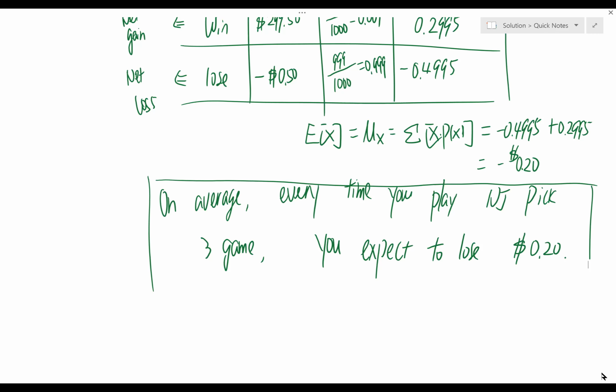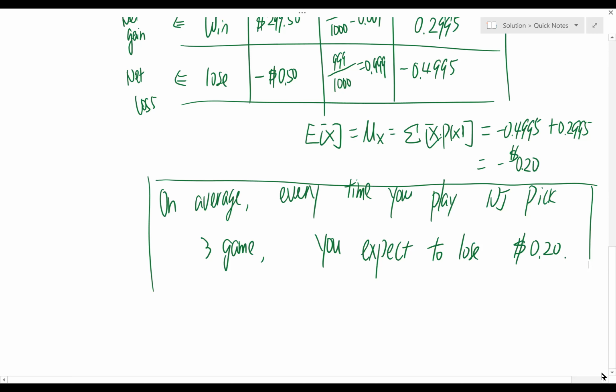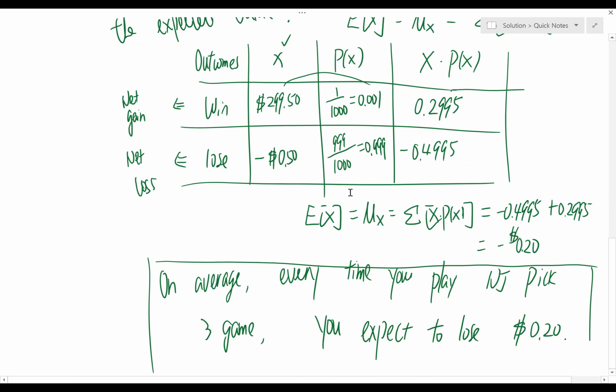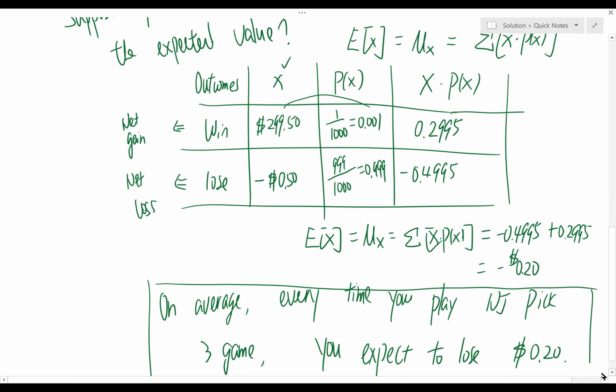So that's why we went over the calculation of the probability of winning the Mega Millions. Very similar case. Just look at the probability with the associated monetary reward if you win, and monetary loss if you lose. Now you'll be able to find the expected value, even if you play the Mega Millions or any lottery game.